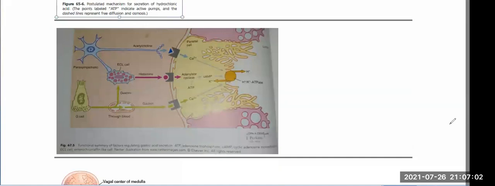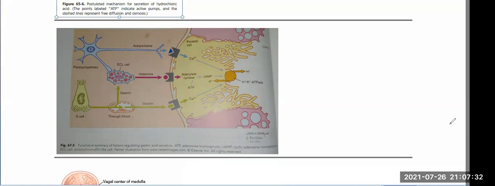I said that in the pylorus, we have pyloric glands that have G cells, and these G cells secrete the hormone gastrin. This hormone gastrin would be transported to the enterochromaffin-like cells, ECL cells of the stomach.